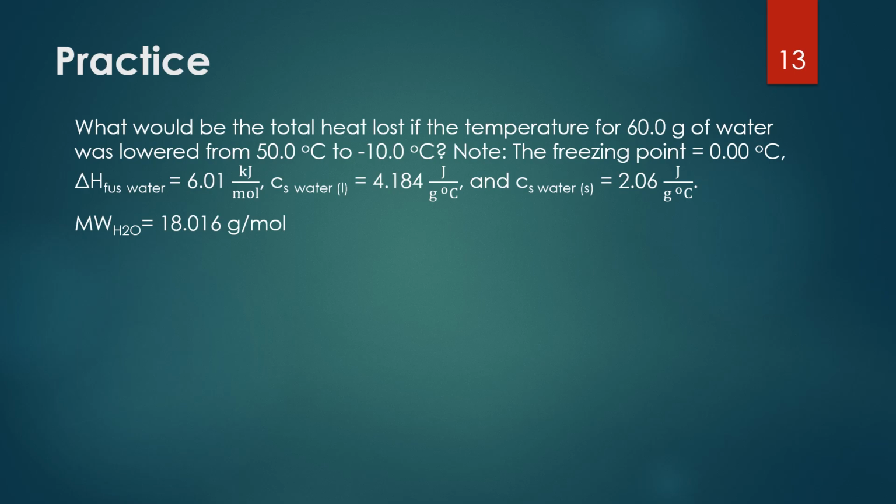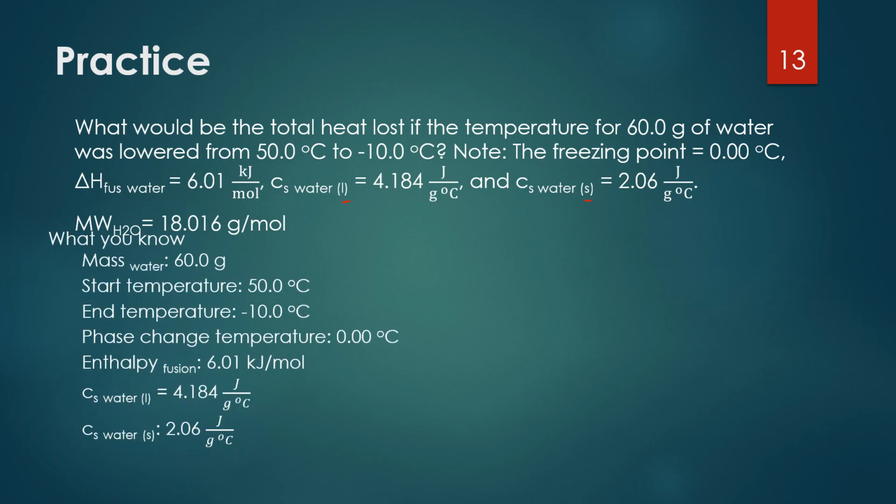They give us the freezing point of water, the change in enthalpy of fusion of water, and then two specific heats. One where water is in a liquid form and one where water is in a solid form. So just make sure you're using the right one in the right step. We were also given the molecular weight of water, showing us that we're probably going to have to convert that 60 grams of water into moles at some point.